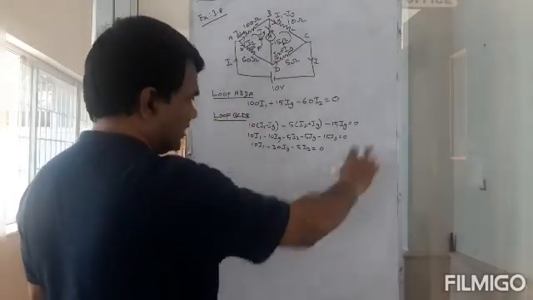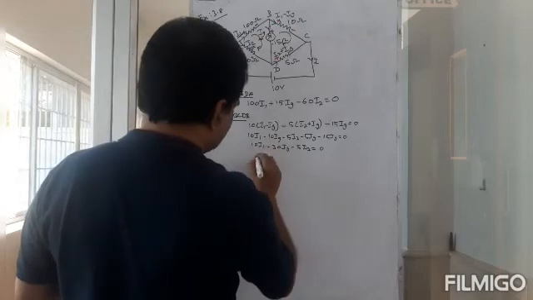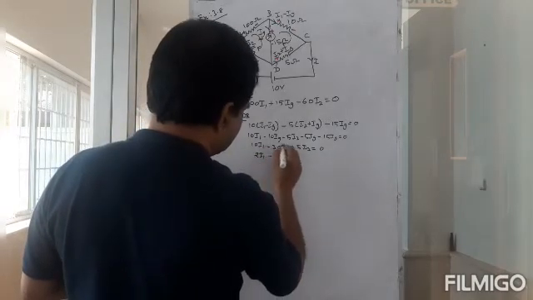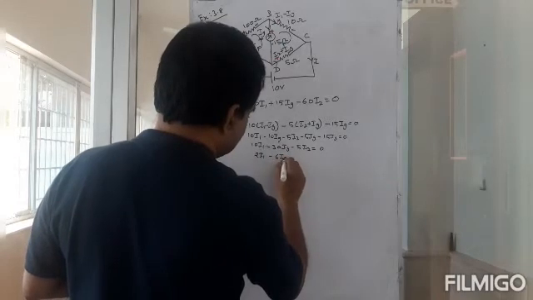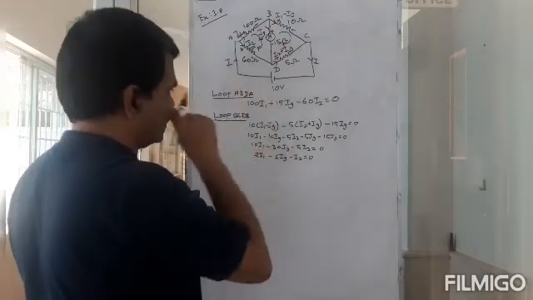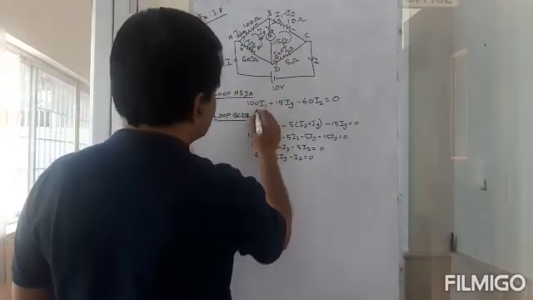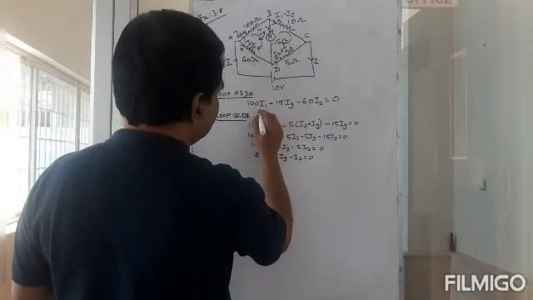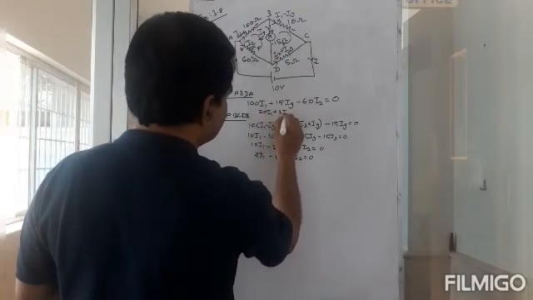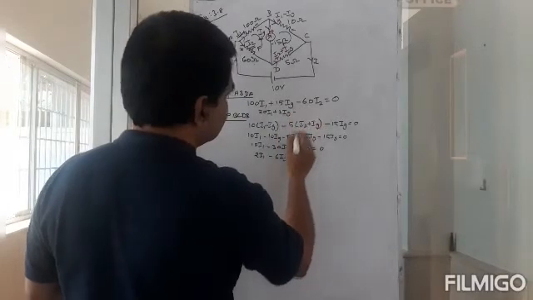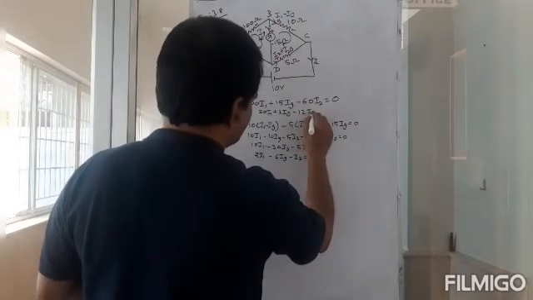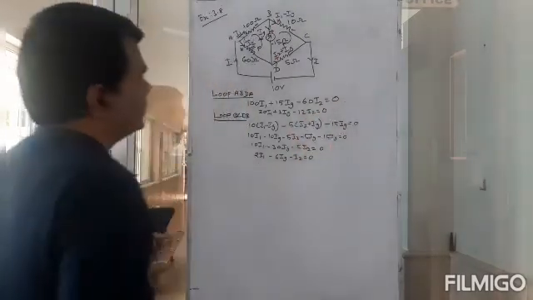If I divide the whole thing by 5, I get 2 I1 minus 6 Ig minus I2 equals 0. You do the same thing for the first equation, and that will give me 20 I1 plus 3 Ig minus 12 I2 equals 0. I will reduce this.